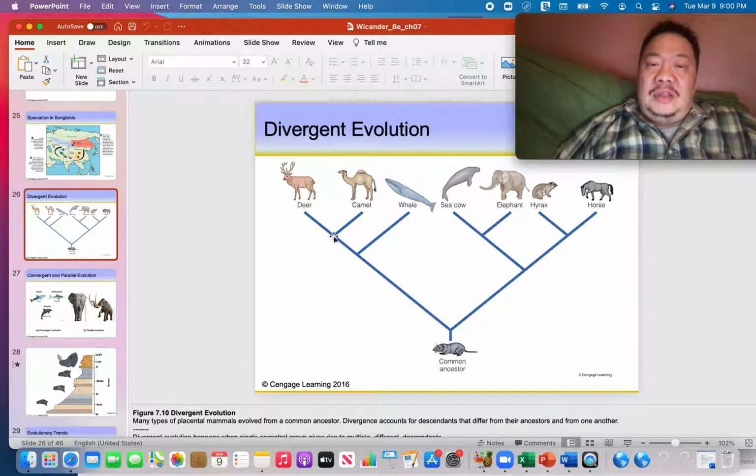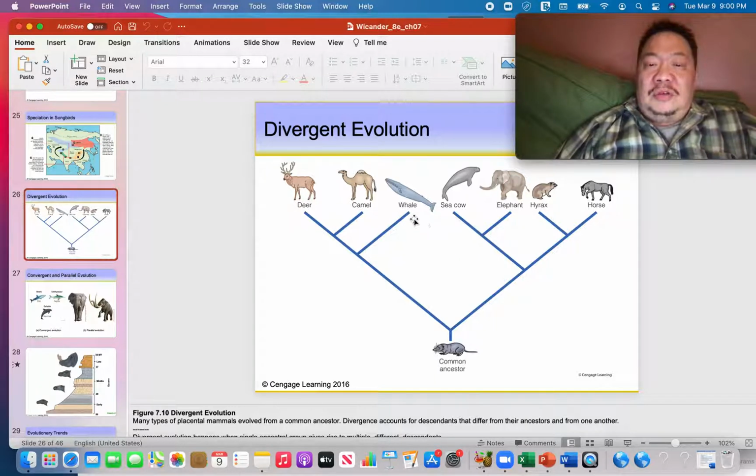Okay? So this cladogram here shows you, for example, that this shrew-like mammal was the ancestor of all of these types of mammals: deer, camels, whales, sea cows, elephants, hyraxes, and horses. It also shows you that camels are more closely related to deer than they are to whales.